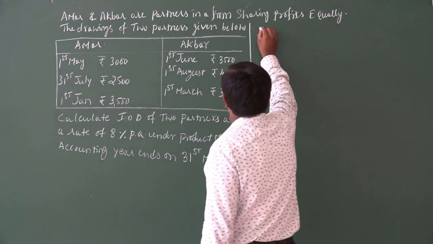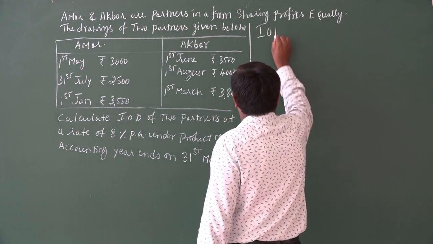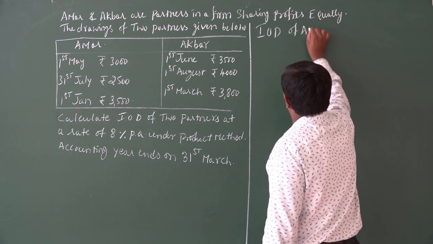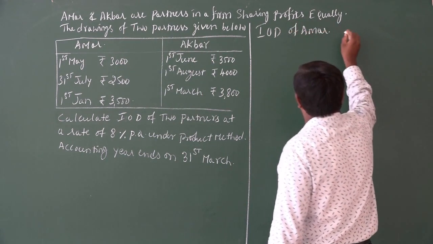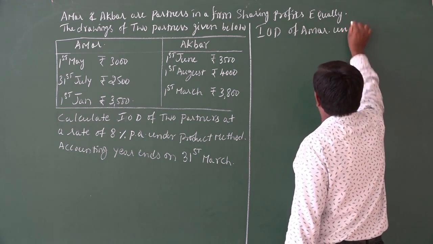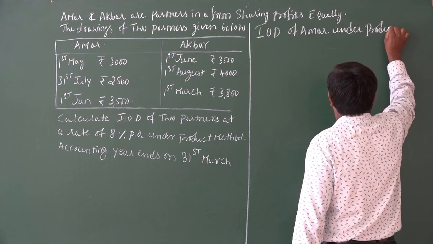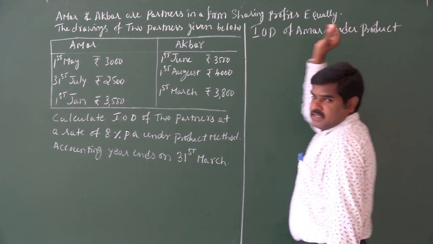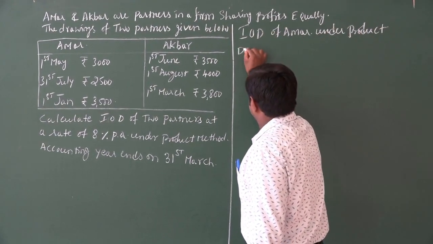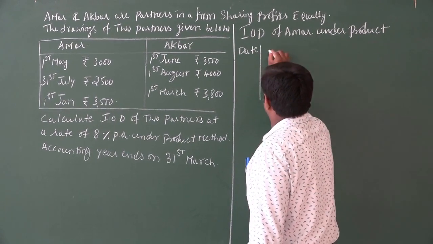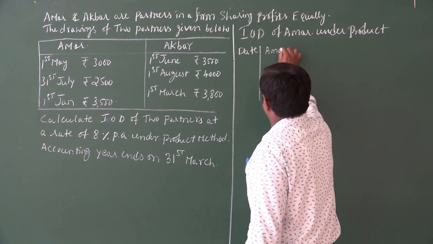First, write the heading: interest on drawings of Amar under product method. Of course, the first column will be the date column. Next, amount.